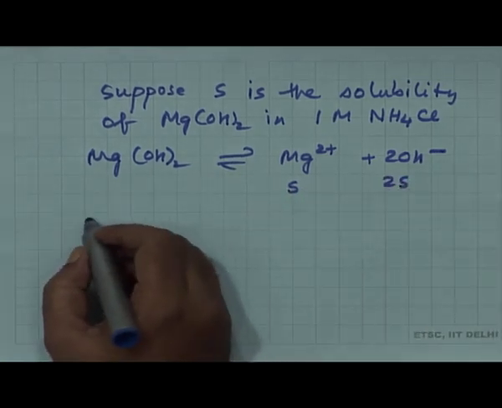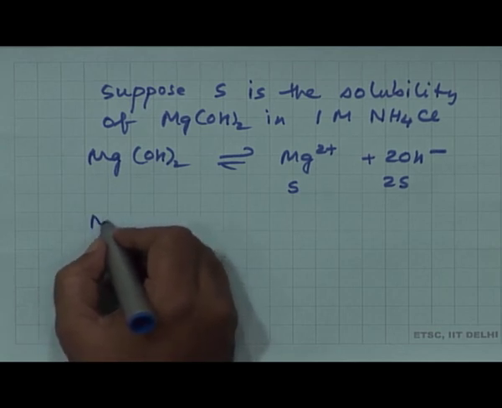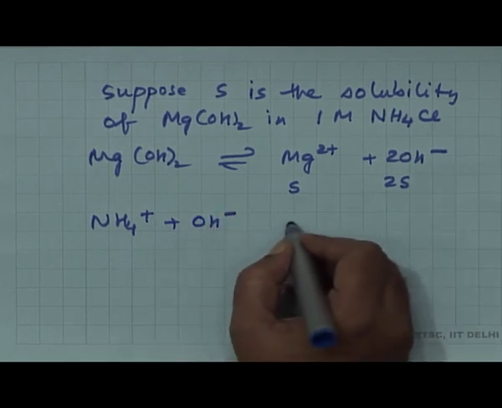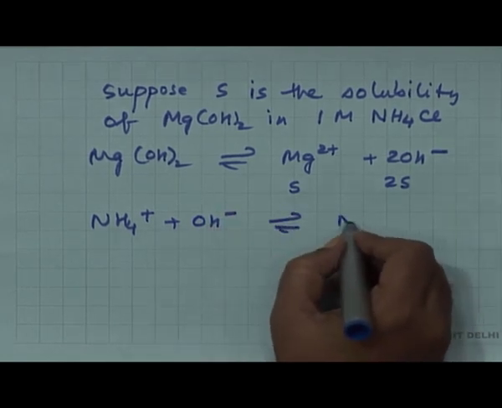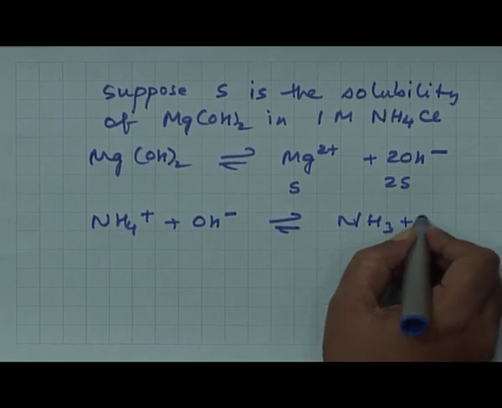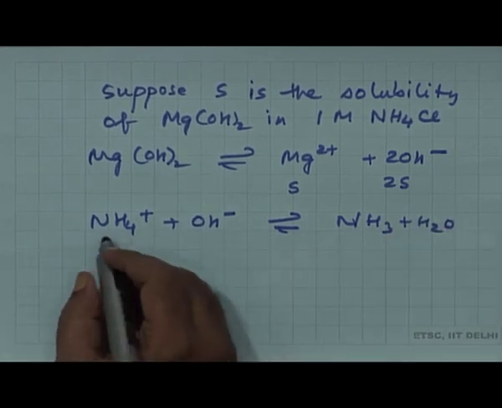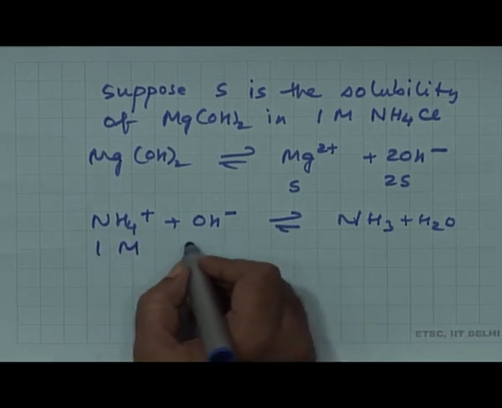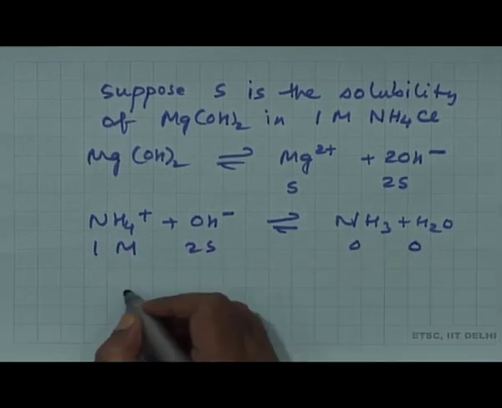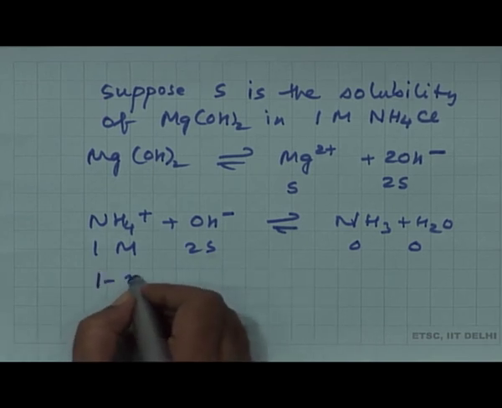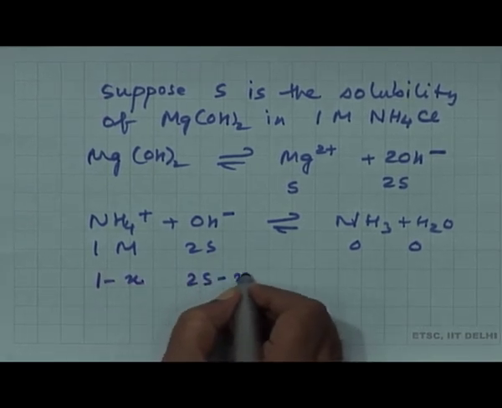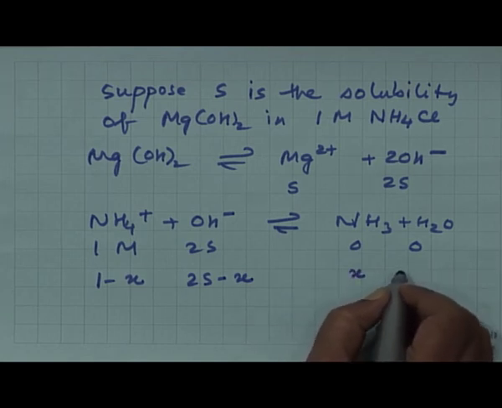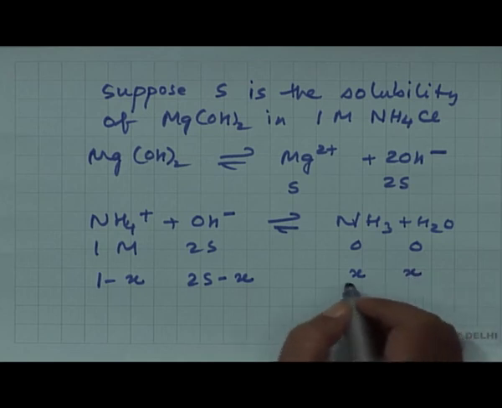This OH minus ion is used up in the reaction with ammonium ion. Initially you have 1 molar ammonium and 2S molar OH minus. Suppose X reacts, then OH minus will be 2S minus X, and ammonia will be X.